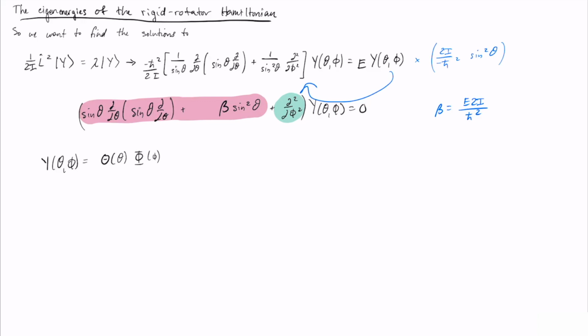Where this symbol here is capital Theta, so this is capital Theta of theta, and this symbol here is capital Phi, so this is capital Phi of phi. So now we just take this product ansatz and plug it back into the eigenvalue equation that we had up here.